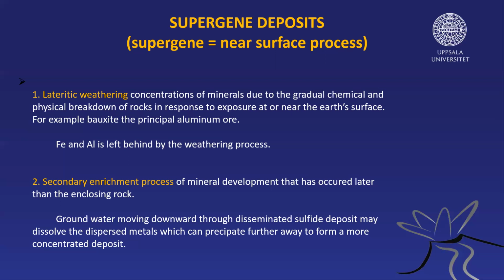The second supergene process is secondary enrichment. That occurs after the rock was formed. For example, you have groundwater or a stream that goes across a disseminated sulfide deposit. The water dissolves the sulfides and carries with it all the elements that were enclosed in the sulfides.